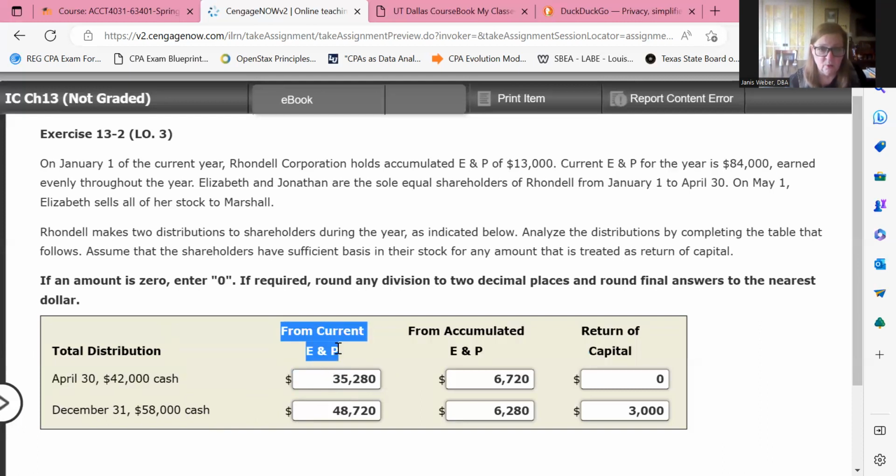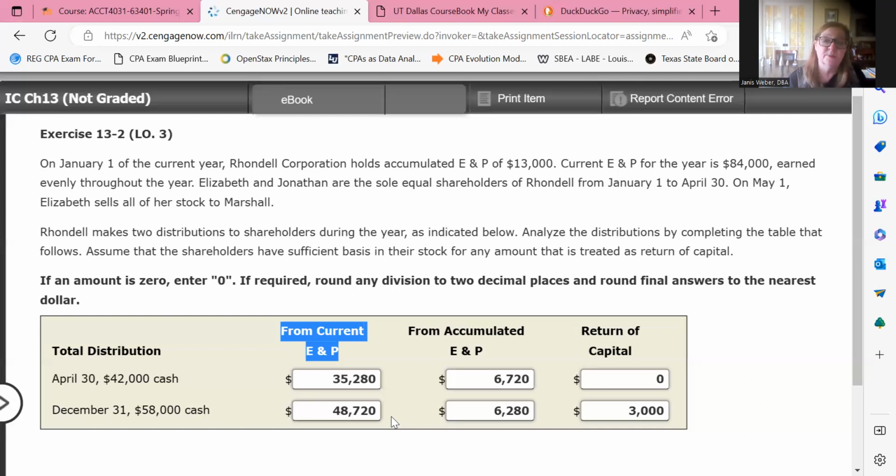This current E&P was a total of 84,000. If you look, the part we have under that column, 35,280 plus 48,720 combined is $84,000. And so the two of them together equal the current E&P. And we just allocate it to each one based on their ratio of how much of the dividend for the year they were. So that's for current, but they do it differently for accumulated E&P.